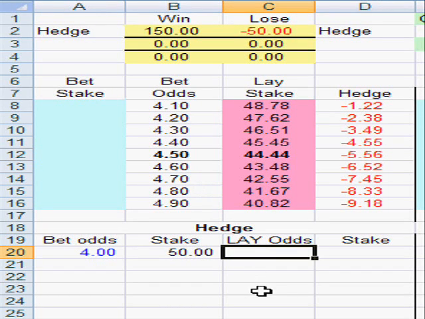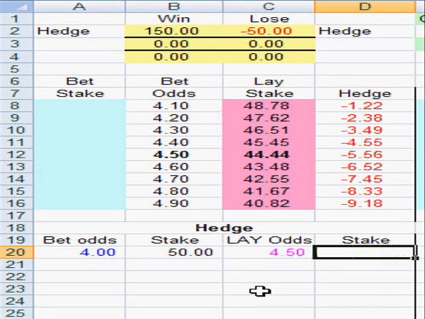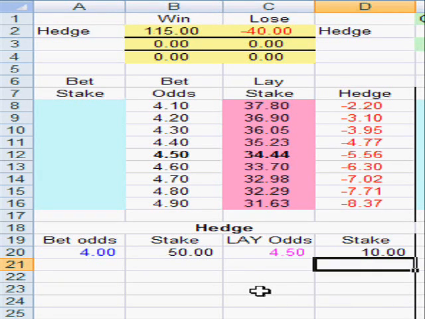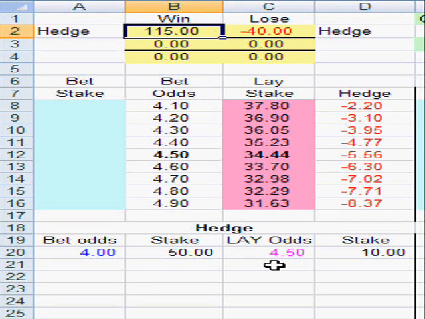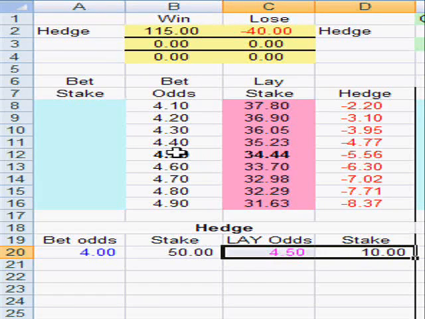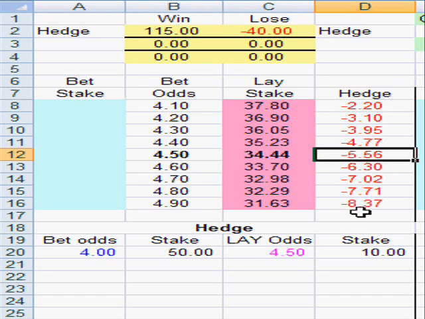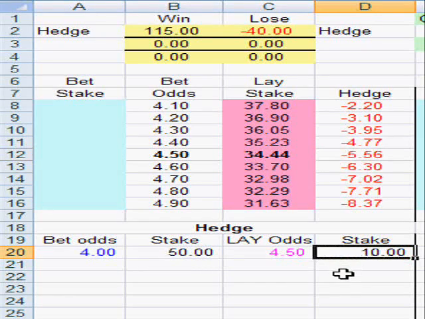So if we laid £10 at 4.5, we would reduce our bet liabilities by £10, but our winnings would also reduce. Now if we'd done that, our liabilities are still at £5.56. We still stand to lose £5.56 even though we've reduced our exposure.